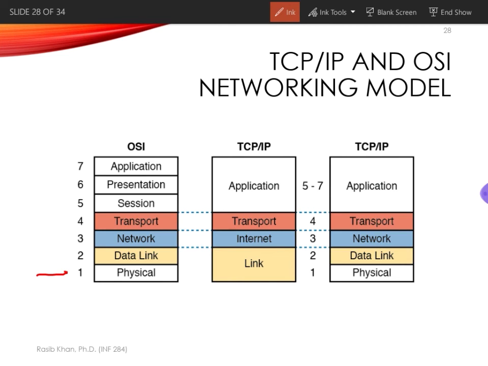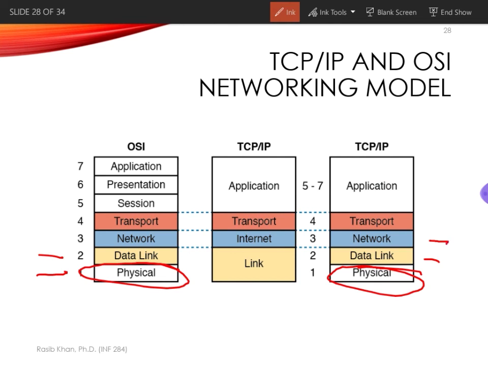It could be wired or wireless. The OSI model has the physical layer. The TCP/IP model, the newer model, has the physical layer as well. The data link layer in both the OSI and the TCP/IP models handles the concept of MAC addressing and device-to-device communication.